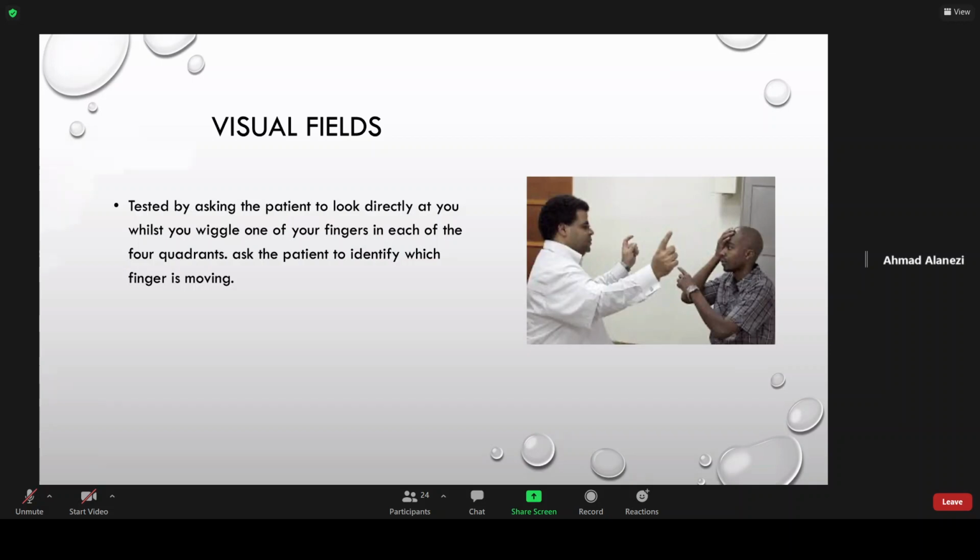In cooperative children, you sit the same way here in front of the child, spread your fingers and ask the child to point to the finger that wiggles, okay? And see if they have it in all four quadrants, 2 up and 2 down.